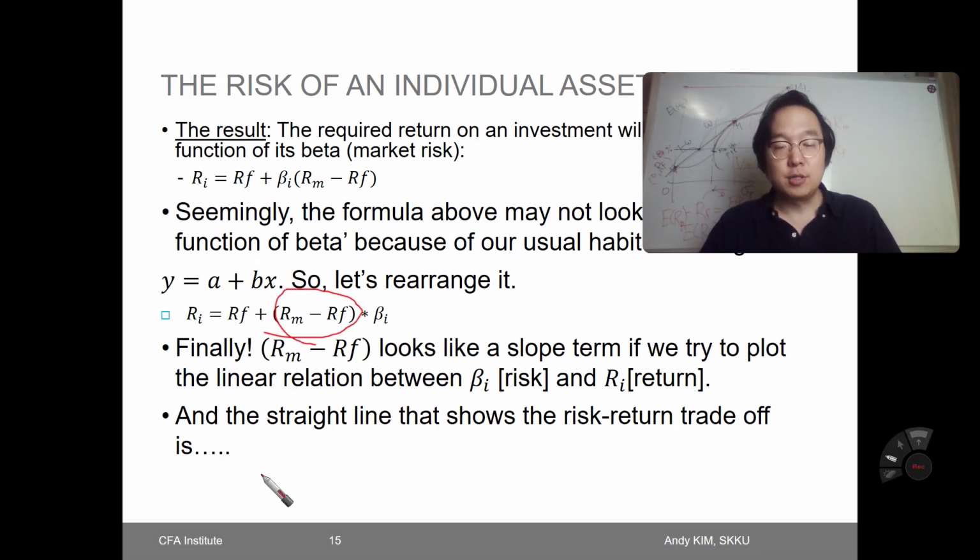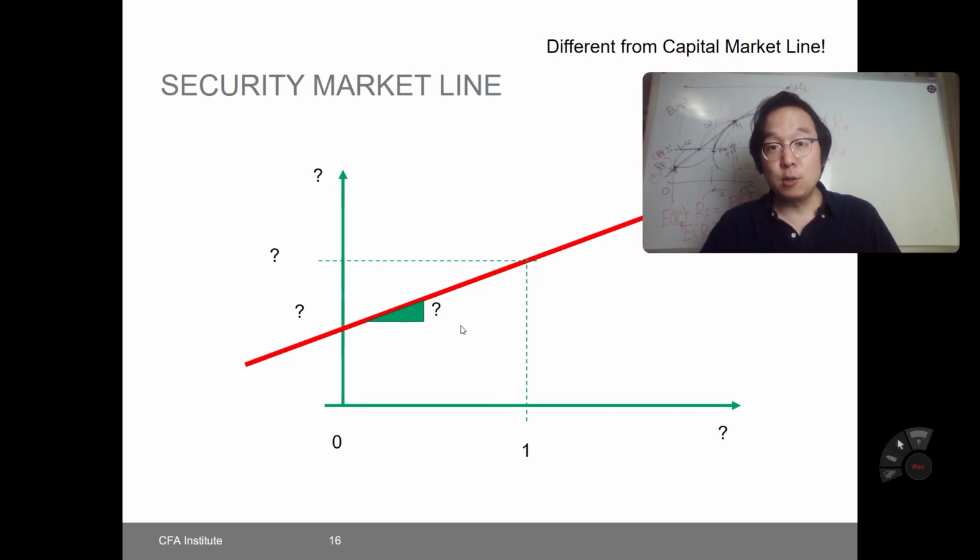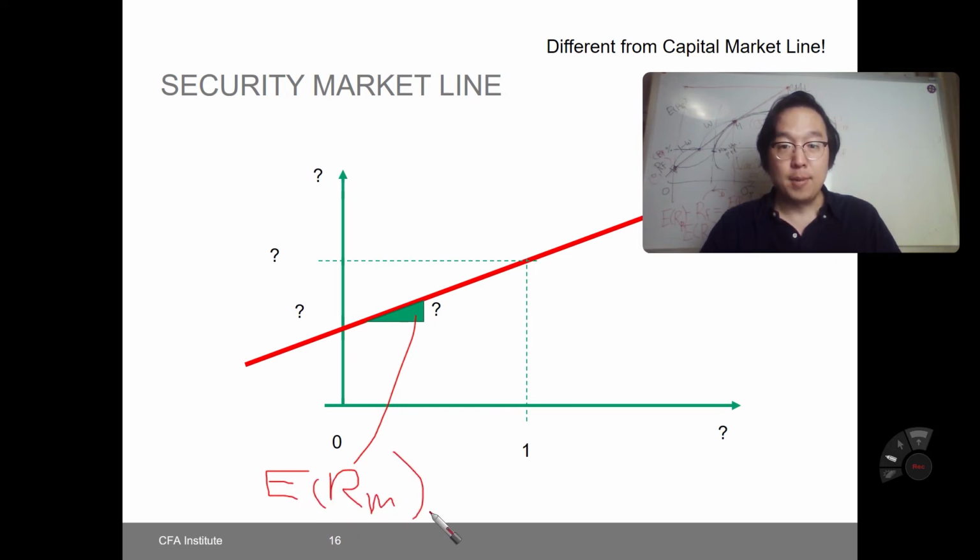So if you go to the next slide, this slope term, rise over run, has to be your market risk premium, R_M minus R_F.